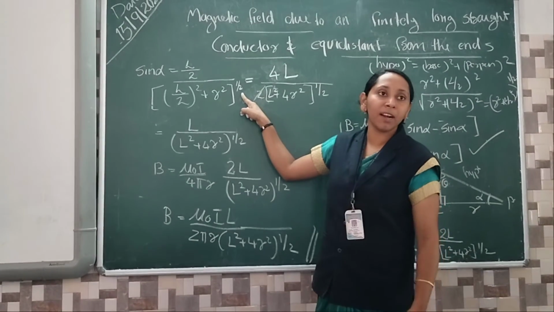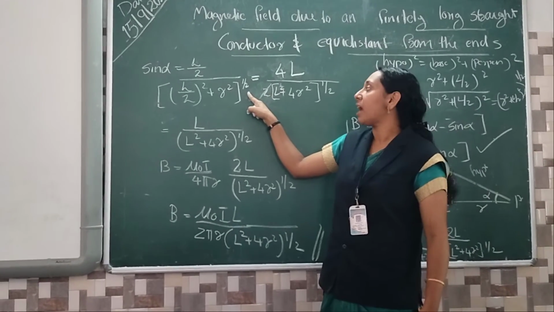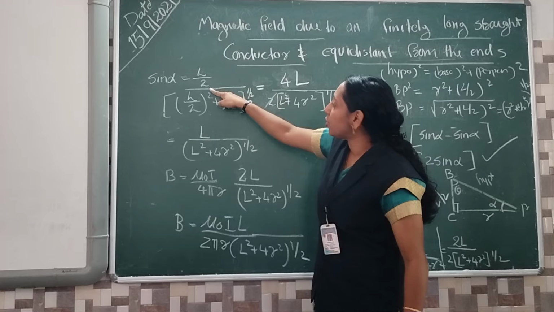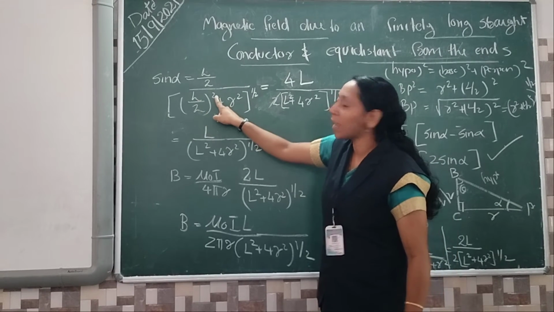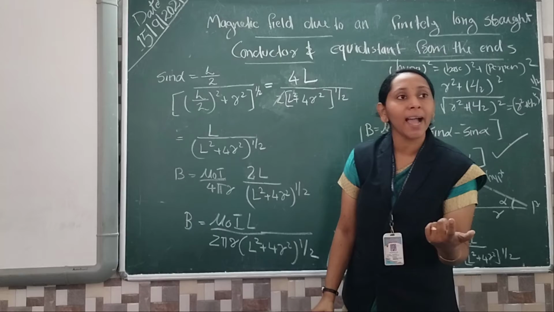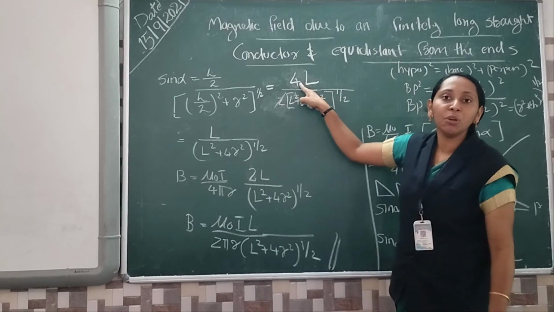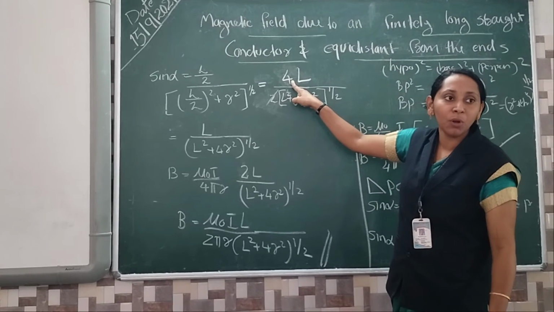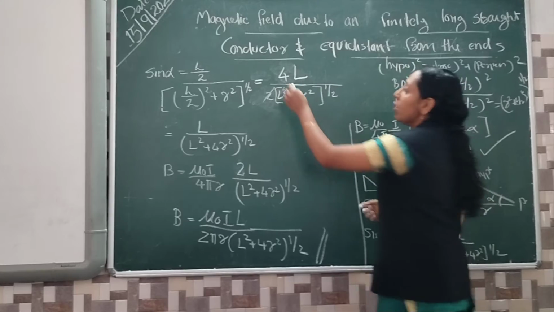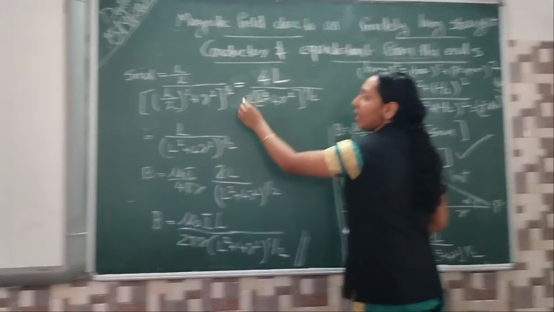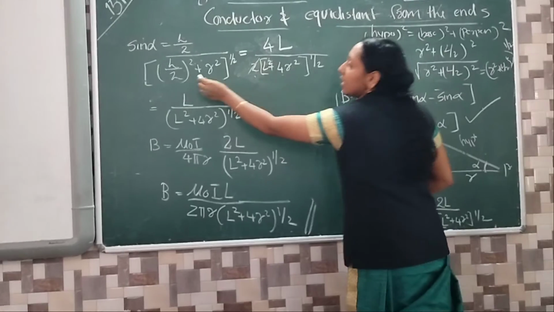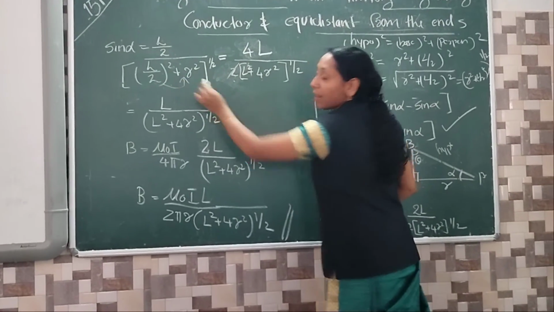This much clear everyone? Yes, ma'am. अभी clear होगा ना? Then after that, this L by 2 comes in the denominator. इधर L by 2 square है ना? 2 का square क्या है? 4. That 4 is going to numerator. अभी clear है सबको? Yes, ma'am. Okay. So 4L in the numerator, this 2 in the denominator, L square plus, this 2 is also affecting the R. Am I right?